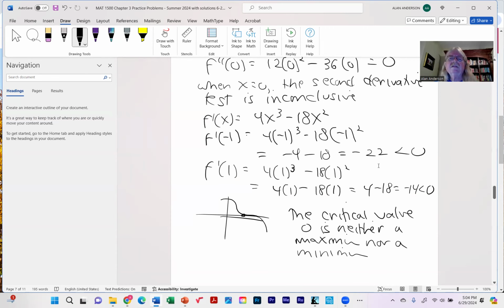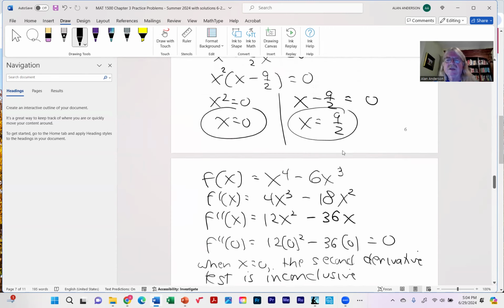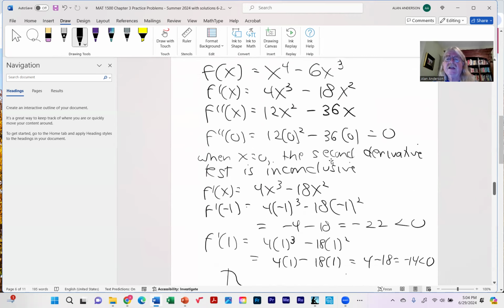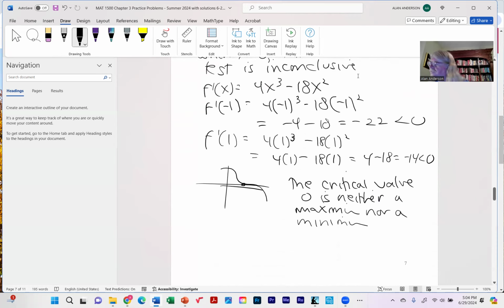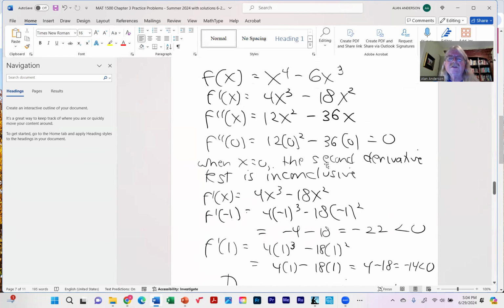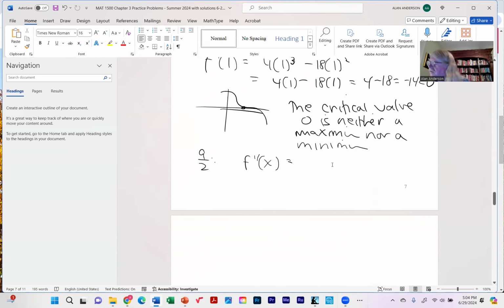All right, so let's hope we have better luck with x equals 9 halves. We'll try the second derivative at 9 halves. So again, the second derivative is 12x squared minus 36x.